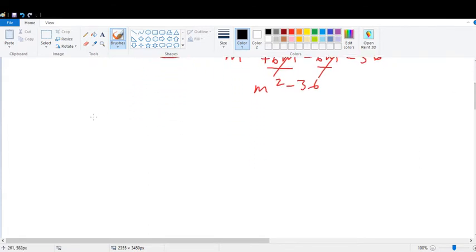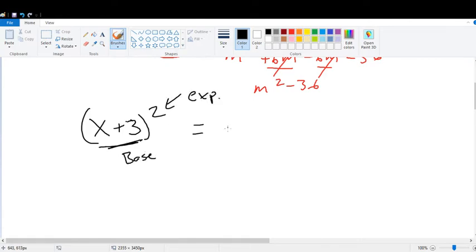So another one that we had last week was something like this. We had x plus 2 squared. Let's do 3 here instead. Let's say I had 3 instead of 2. What this means, really, this is your base, and that's your exponent. So we have x plus 3 times x plus 3.